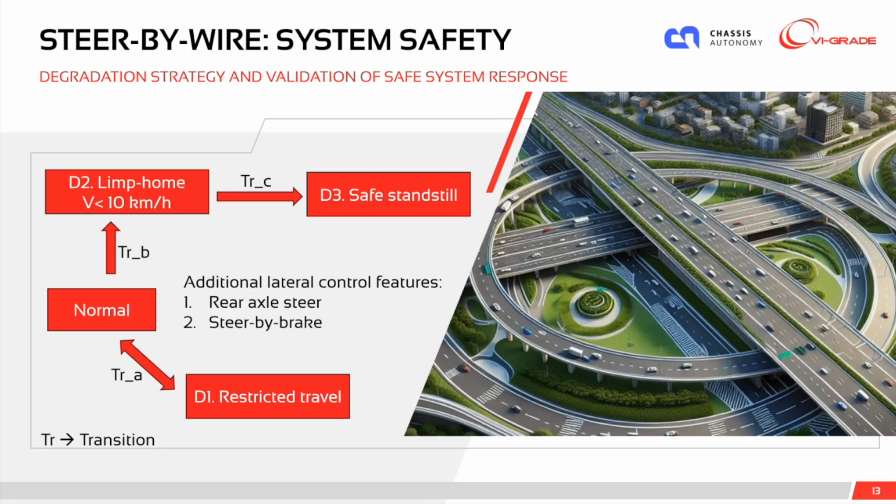How is that going to look in terms of cost? It's a good choice, but maybe it's not going to fit the market in terms of pricing. Okay, can you do what is known as steer by braking? What you do there is single-sided braking to induce a lateral displacement of the vehicle.